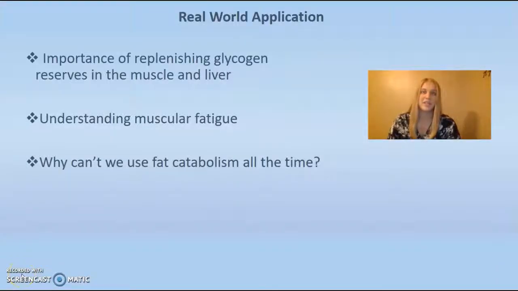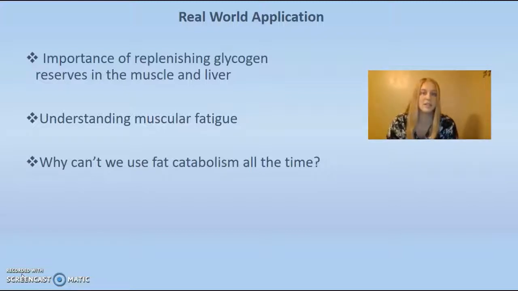A few applications that we can take from these two pathways and apply to the real world are, first of all, the importance of replenishing glycogen reserves in the muscles and your liver. After an intense exercise where you're using high intensity, low duration, and really depleting your body of those glycogen stores and breaking down glycogen as your source of energy, it's super important to replenish those glycogen stores so that your body can use that system again the next time you need it.